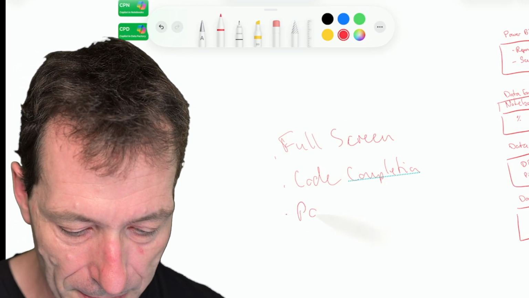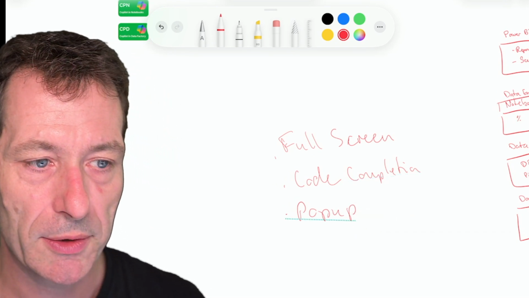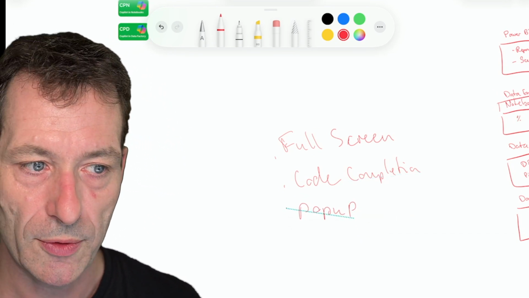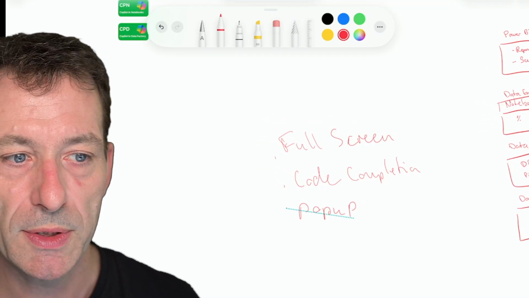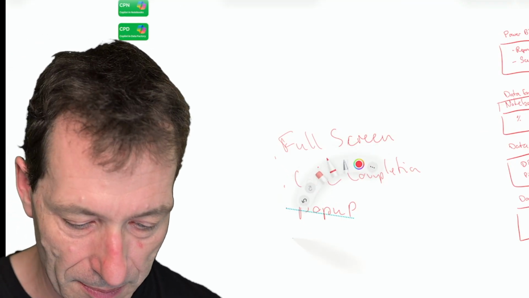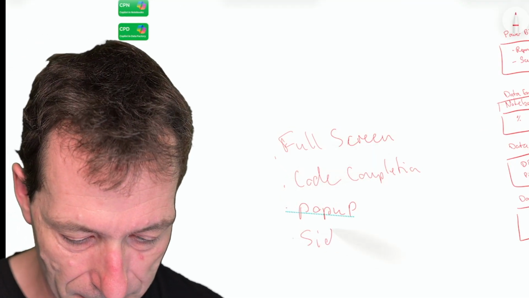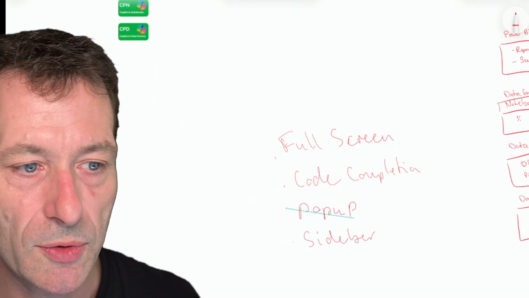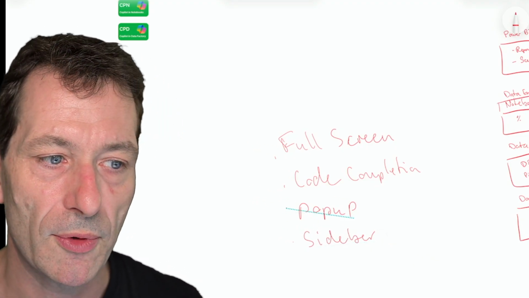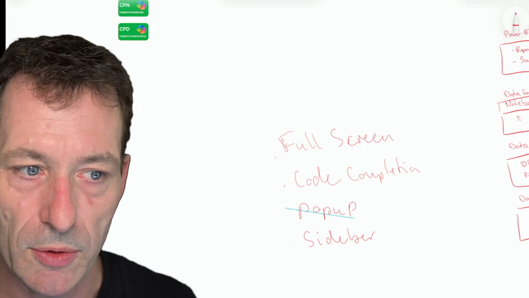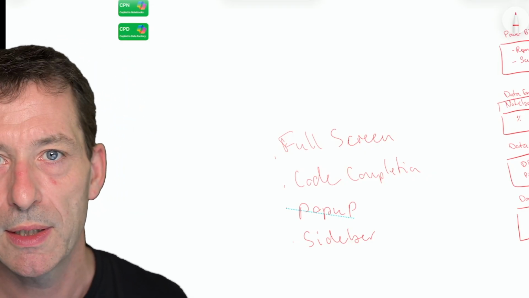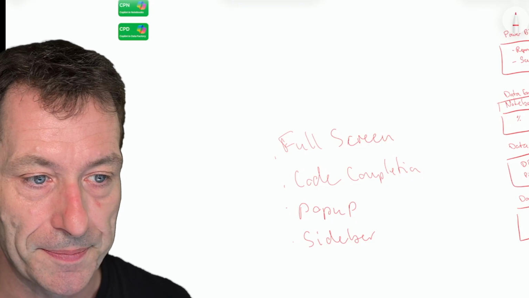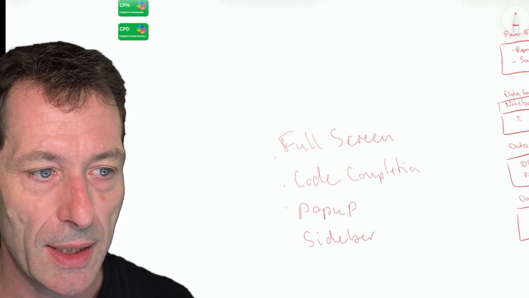You have pop-up characteristics for the DAX query view, for example, or for the Power BI desktop, or for the TMDL scripting. And you have the sidebar experience. You most likely know that from your Office toolings. There you have, for example, in Power BI or notebooks, data warehouse, Dataflow Gen 2, the side panel where you can invoke Copilot.